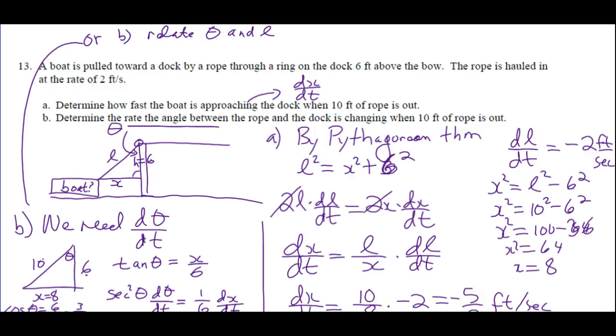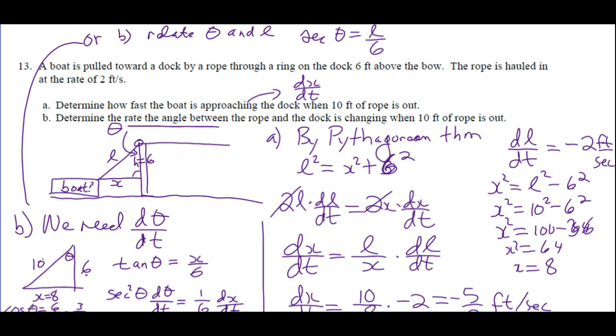We're not going to do x here. We want to use L, 6, and theta. So what do we got? Adjacent and hypotenuse. So I can go cosine of theta is 6 over L. But what would be easier is the secant of theta is L over 6. Then you do the derivative, d theta by dt.